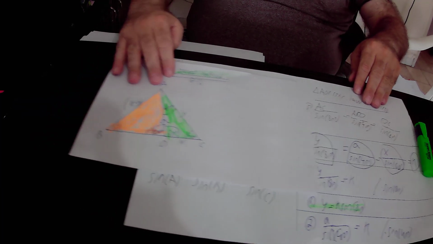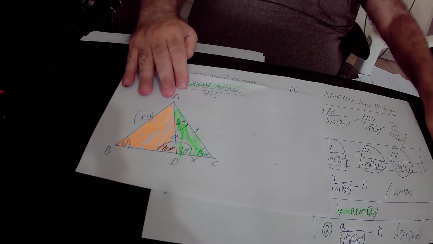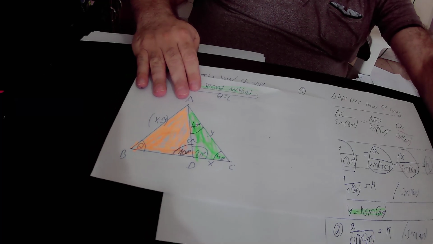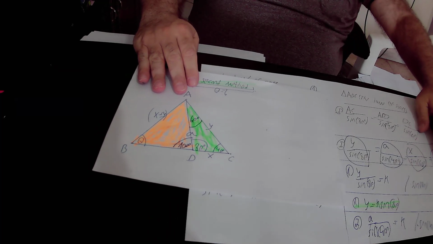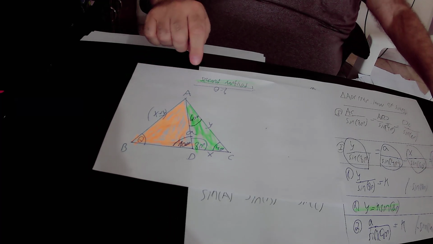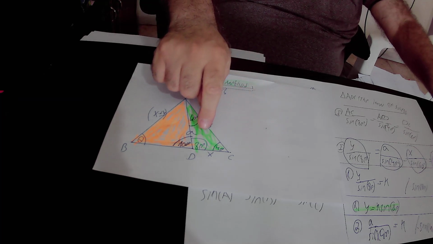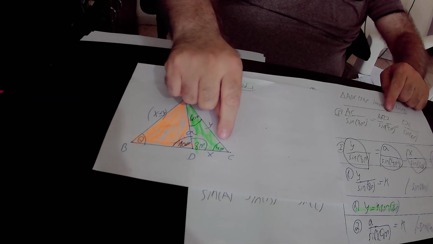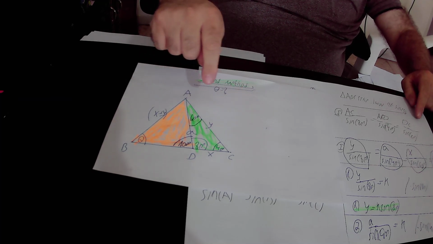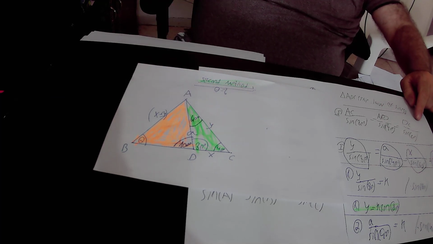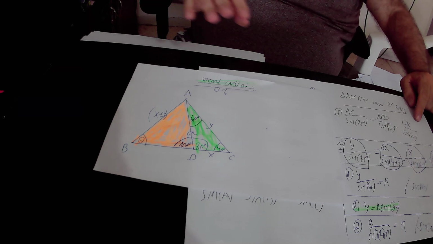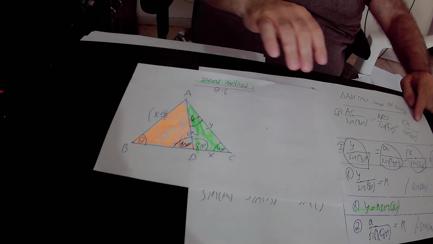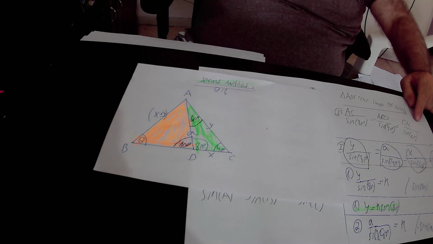According to the law of sines, in the green triangle, triangle ADC, AC over sine 80 degrees equals AD over sine 40 degrees, and it is equal to DC over sine 60 degrees. So this equation number one is the implementation of the law of sines in the green triangle, triangle ADC.